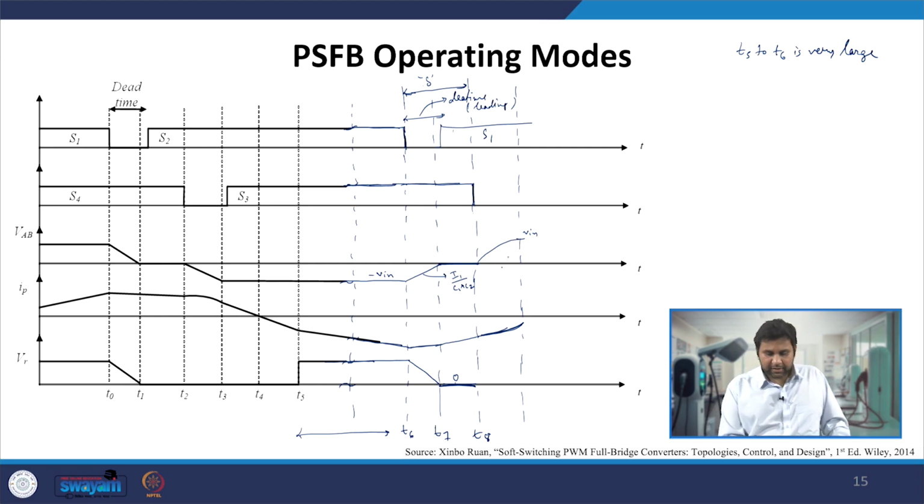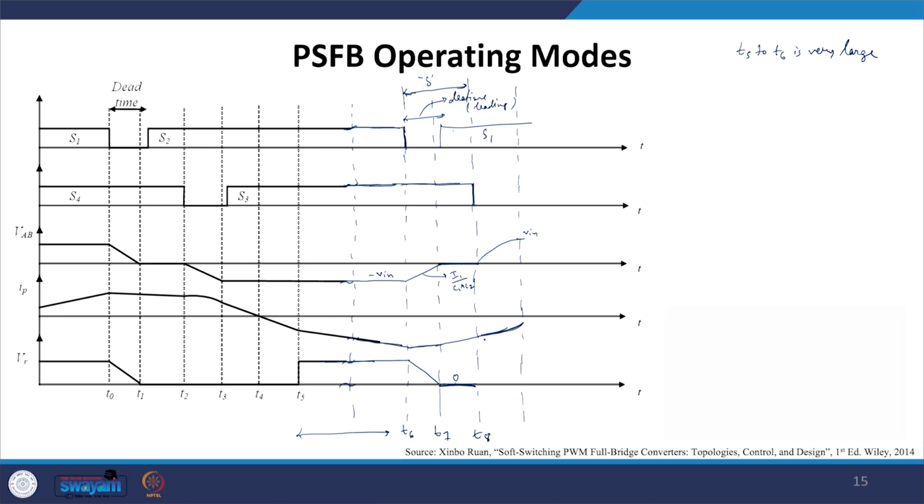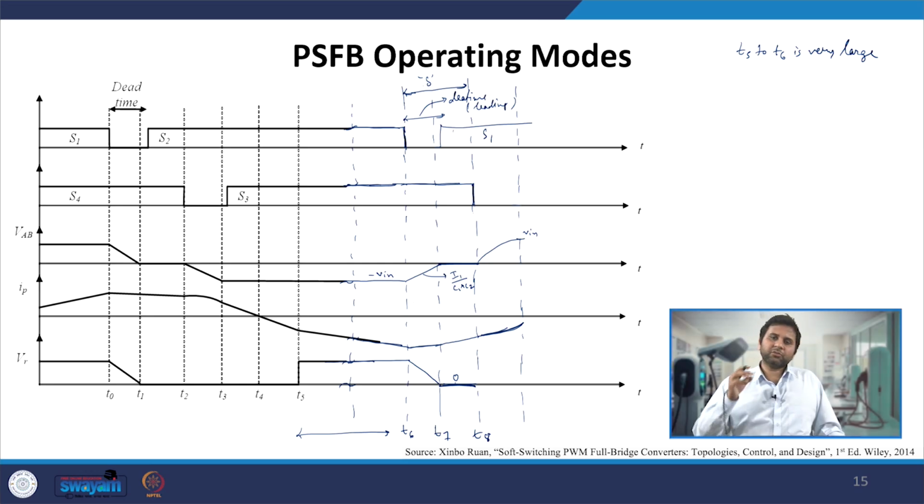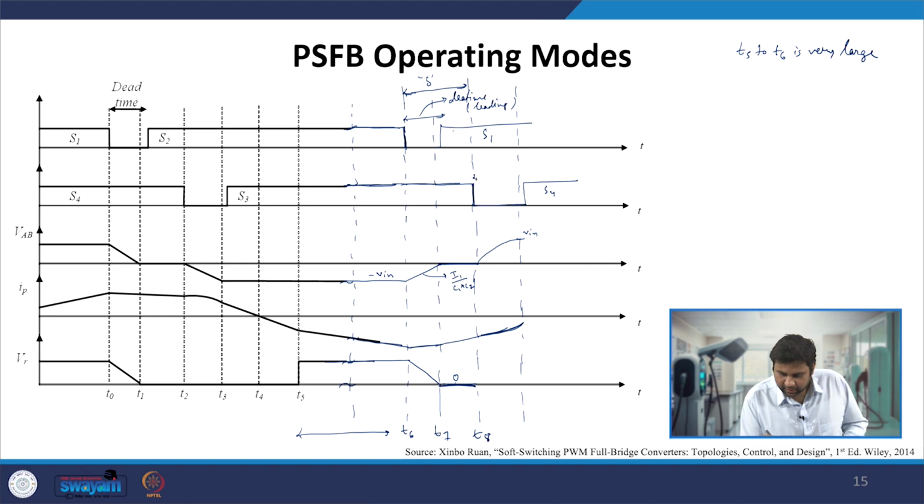At that point the Vc3 voltage reaches the Vin voltage and the Vc4 voltage goes to 0. That is when you can turn on your S4 switch to obtain ZVS.